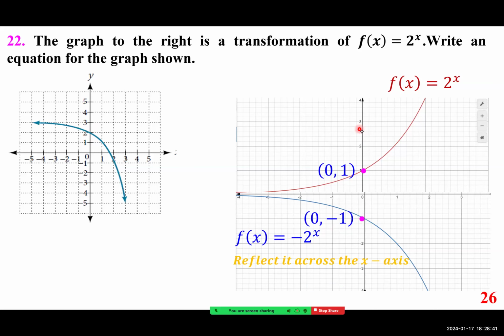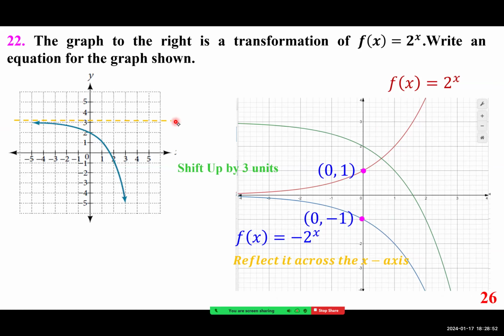We have to shift it up by 3 units. This is y equals 3. It's been shifted up by 3 units. This is 0, 2. Very straightforward, everybody.